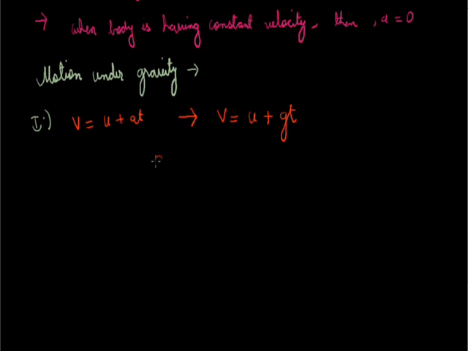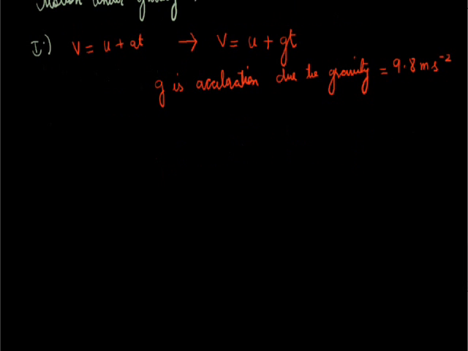Here g is acceleration due to gravity, whose value is 9.8 meter per second squared. While solving numerical problems, sometimes it is mentioned in the question itself that g has to be taken as 10 meter per second square. It is taken as 10 just for the convenience.